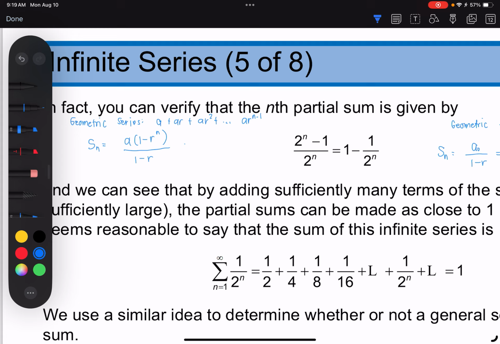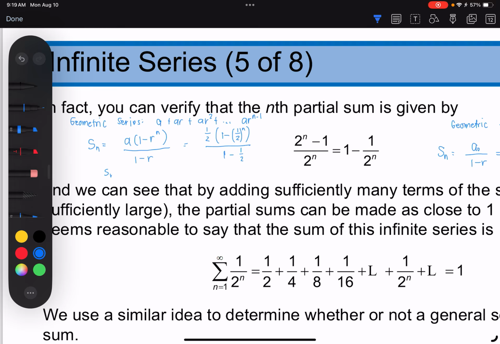So you can see that the first term is 1/2, and we will be having 1 minus 1/2 raised to n over 1 minus 1/2.